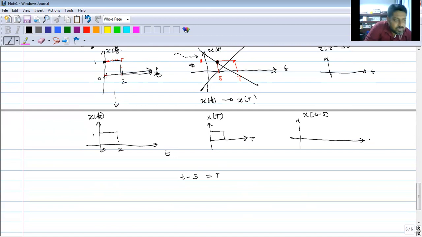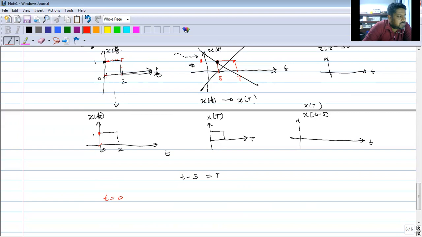Now we want to draw it with respect to t. Actually, this x(t minus 5) means x(T). So if you put x(T) here, it is okay. Now we want to draw this signal. If we consider this point, this point is at T equal to 0.